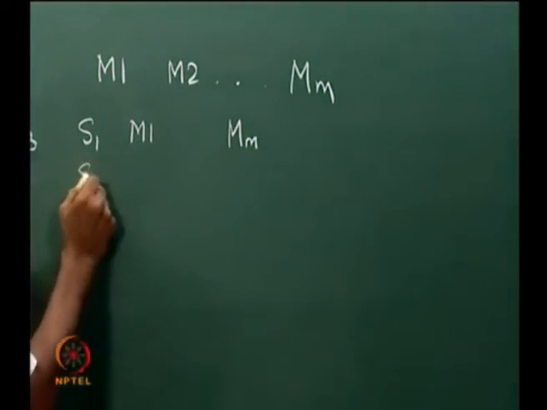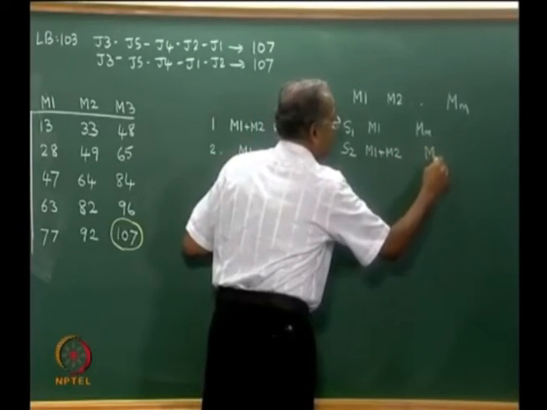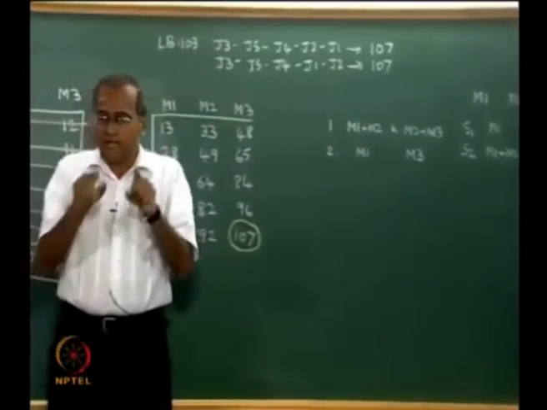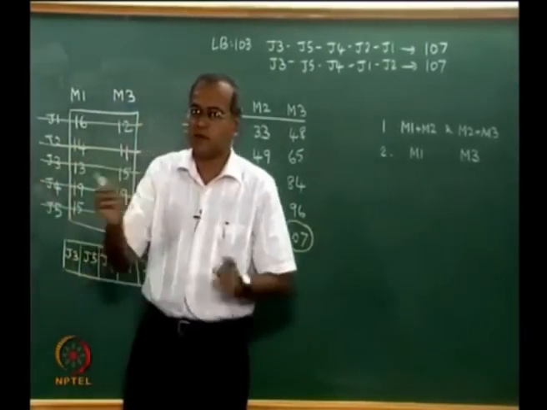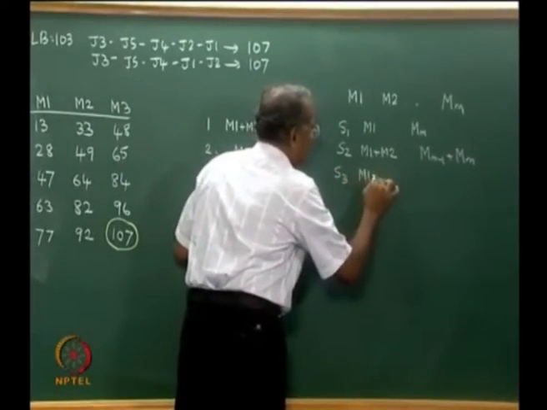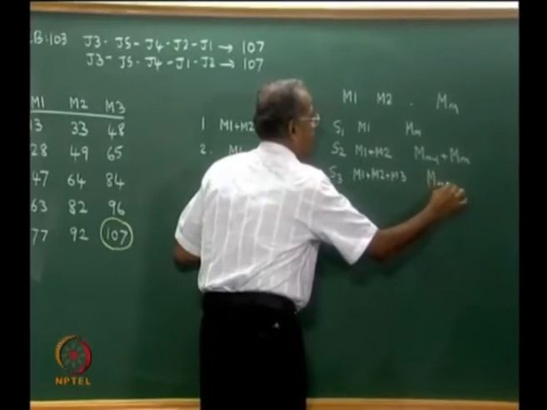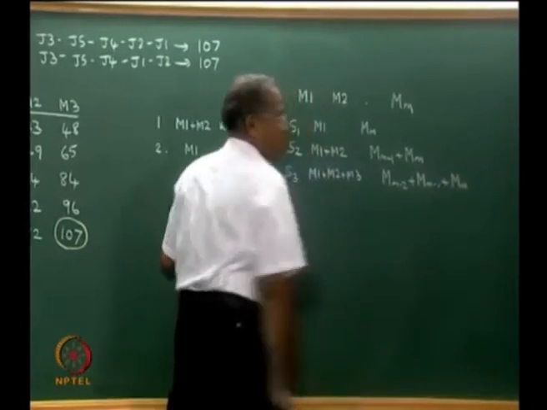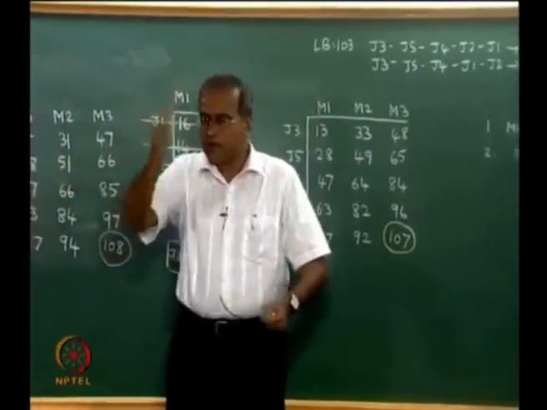The second one, S2, will be M1 plus M2 and M minus 1 plus M. Take the first two, add, take the last two, add, do a Johnson out of it. The third sequence will be M1 plus M2 plus M3 and M minus 2 plus M minus 1 plus M. Take the first 3 and add, take the last 3 and add, and do it.